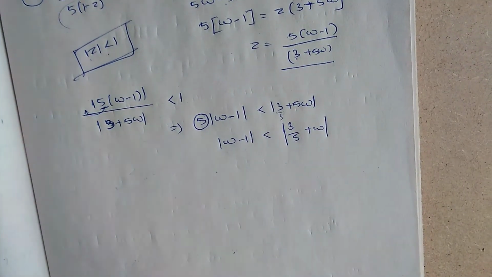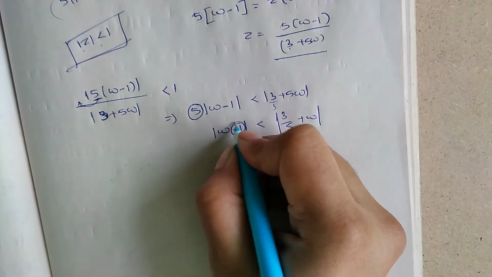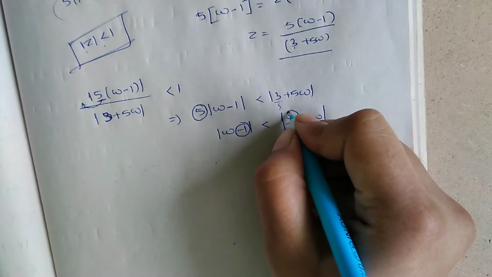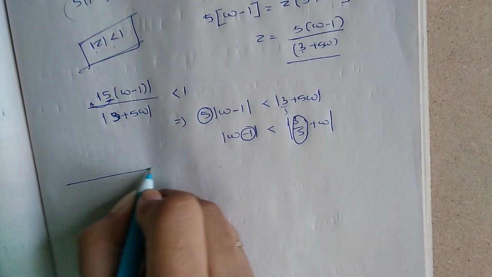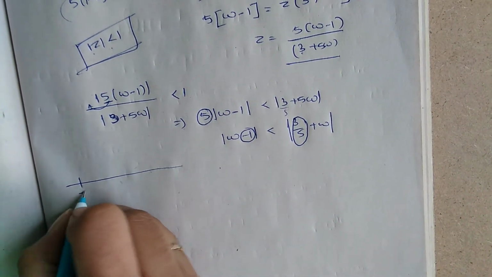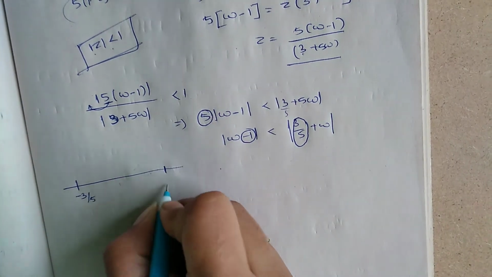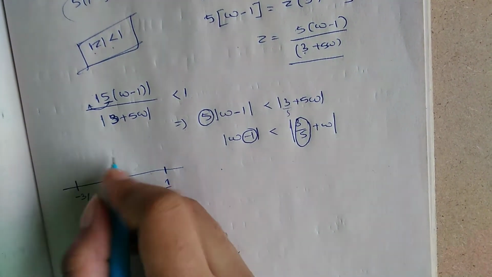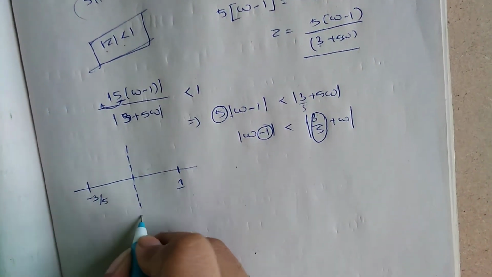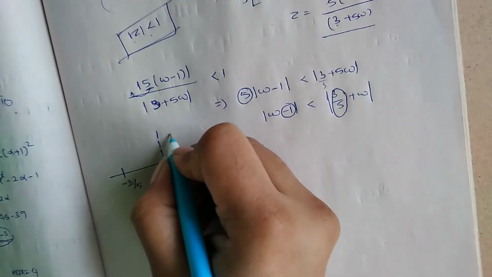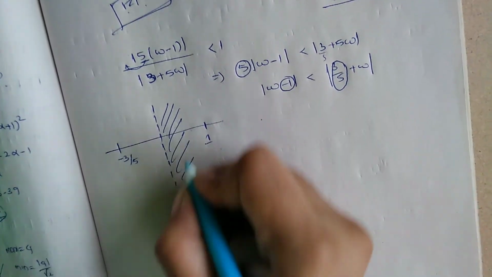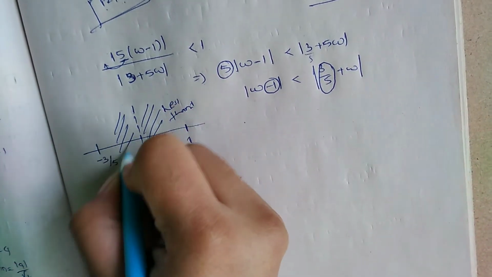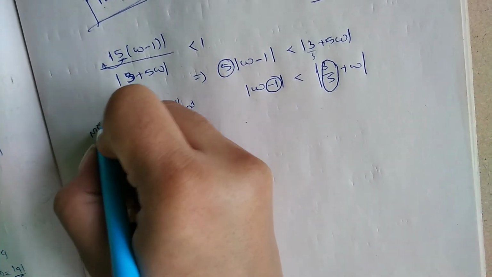Now you see here, if you consider it as roots or solutions, whatever, these are the points. Now you plot. It will be minus 3 by 5, minus 1, so 1. Now you see carefully. You make a line such that this part is less than 1 and this part is more than 1.